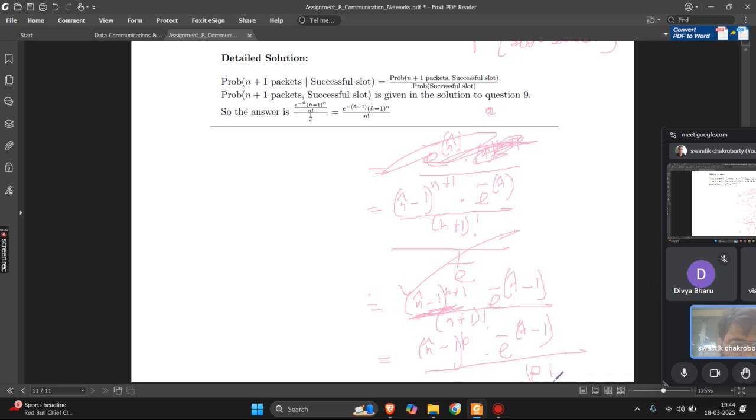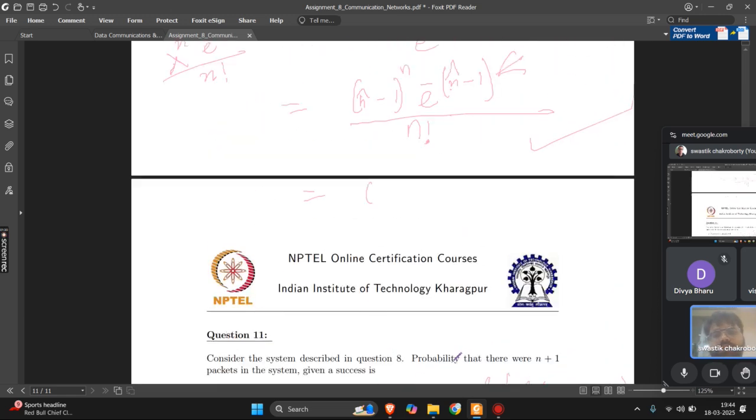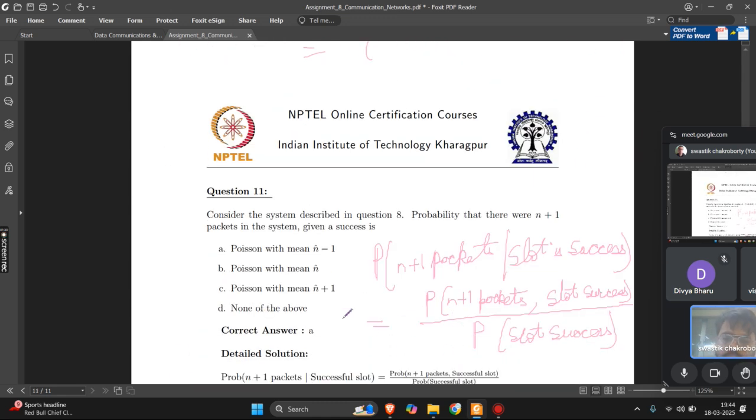The main thing is the mean, the parameter of the exponential, and this is just an independent variable. It can be n, p, or c, it doesn't matter. What matters is the mean. So this is a Poisson distribution with mean n hat minus 1, just like the previous answer. So you can see that a slot being successful and a slot being idle have the same distribution.